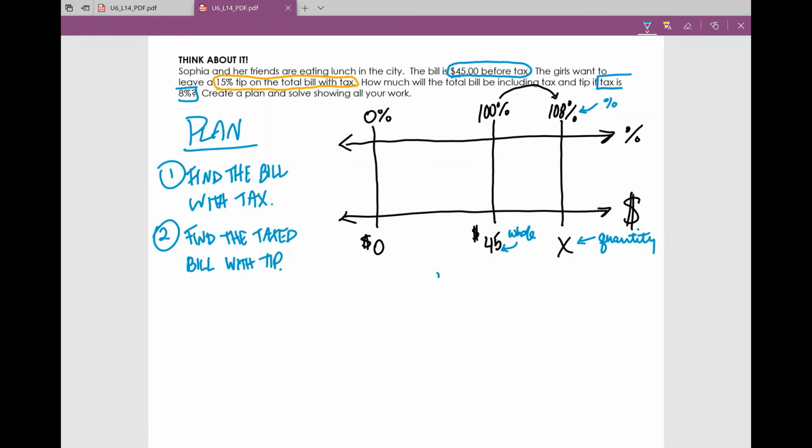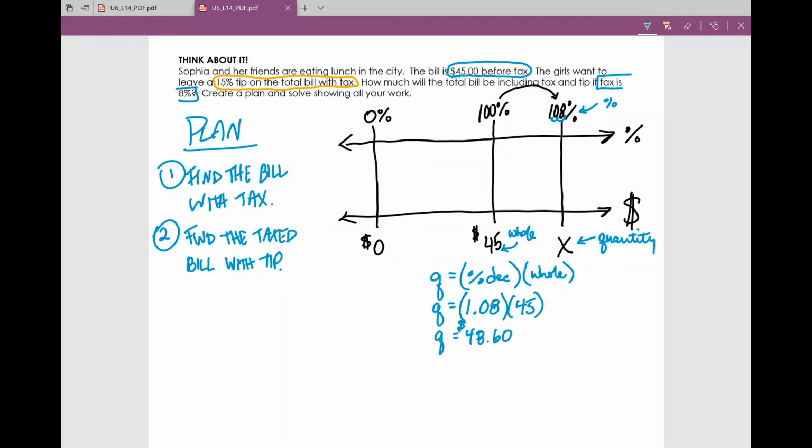So we're going to take our quantity equals our percent as a decimal times our whole. Quantity equals, we're working with 108%, so I need to move this decimal again. It's going to be 1.08 times 45. And when we calculate that, we're going to get $48.60.